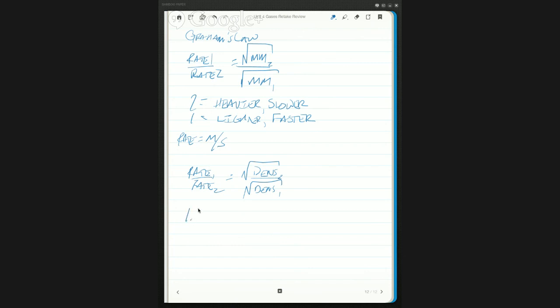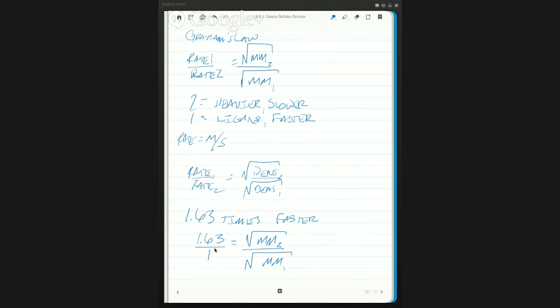Sometimes they'll say it's 1.63 times faster. So if they say it's 1.63 times faster, that means it's 1.63 over 1 is equal to the square root of the molar mass of 2 divided by the square root of the molar mass of 1. Okay?